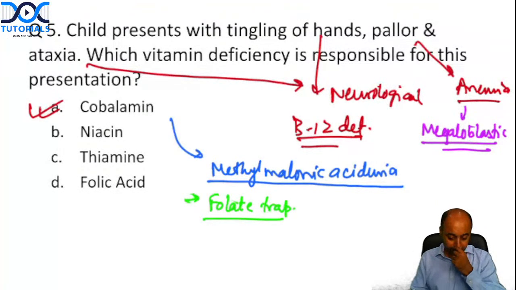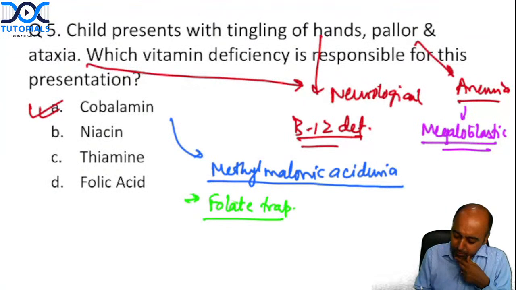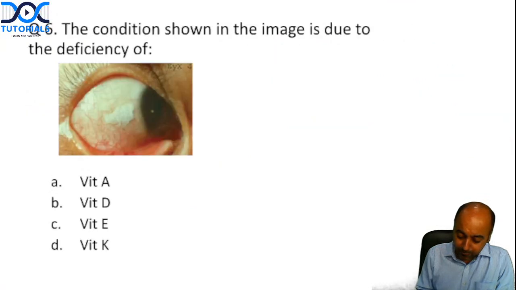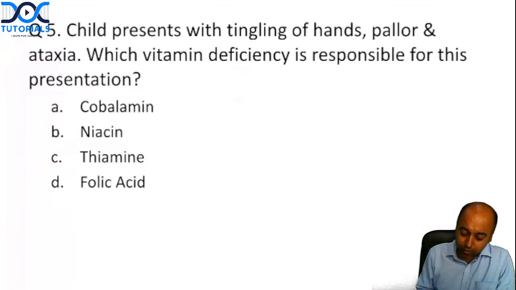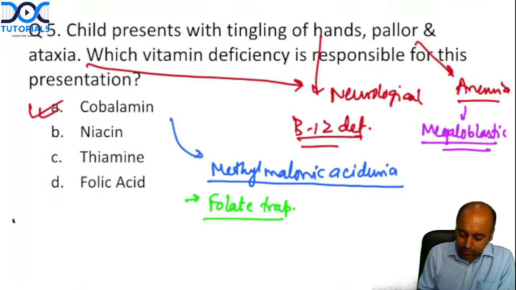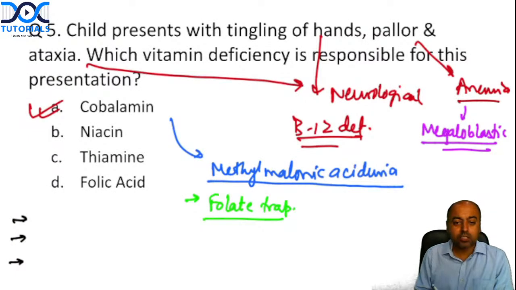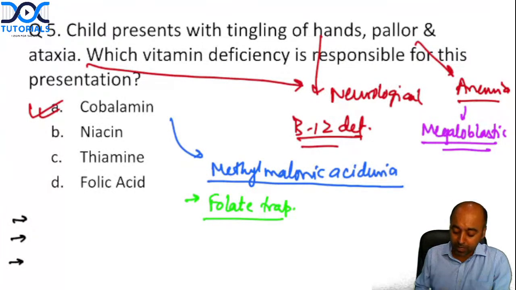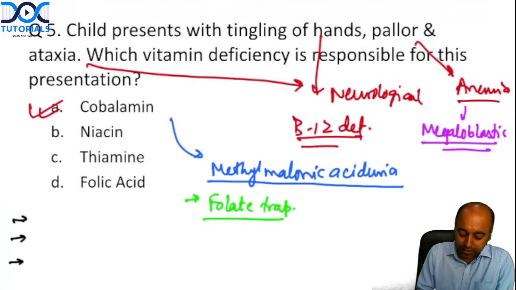Another thing which you have to remember in B12 is that three parts of the digestive system have to be intact. If there is any problem in any of these three parts, then the absorption of B12 will get affected.